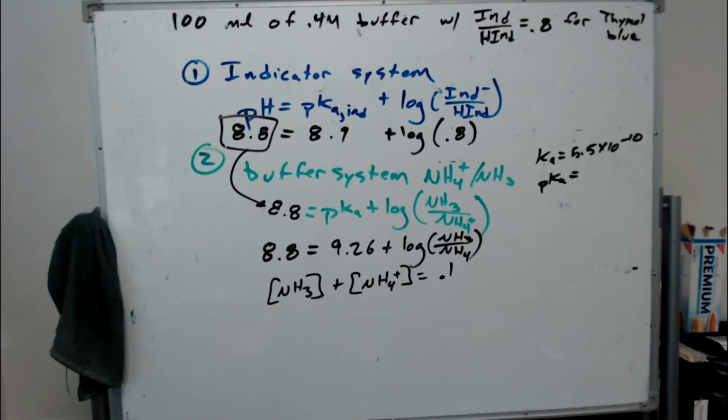Right, very borderline, so it's good that you're being cautious when you're at the edge like that. Probably still okay, but good to be cautious. When you get to the edge of the buffer range, you start to get into the risk of the excess small approximation failing.